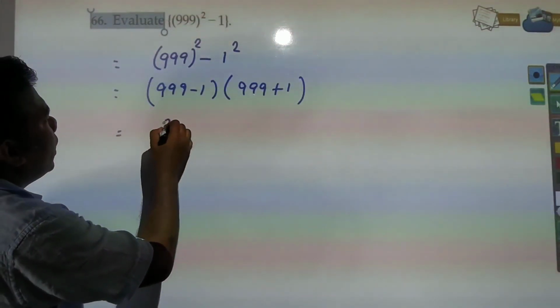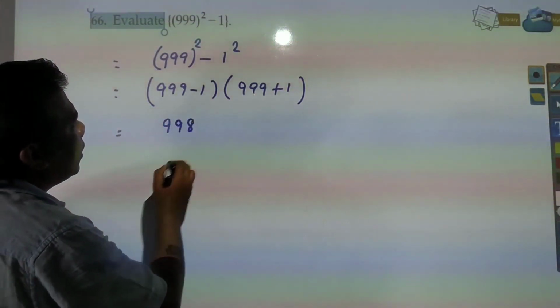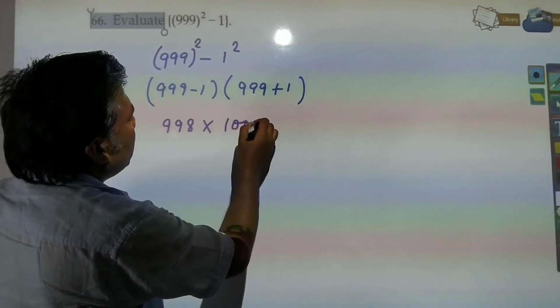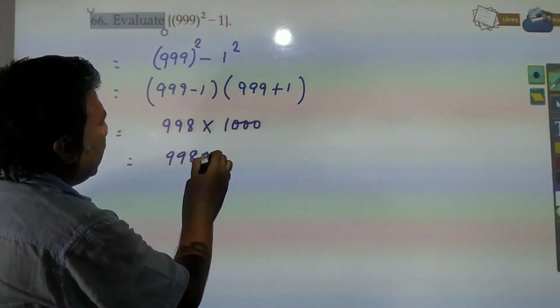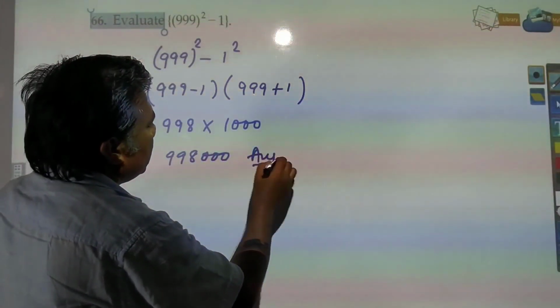So this will be 998 × 1000, which becomes 998,000, and this will be our answer.